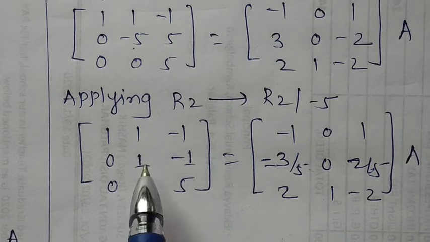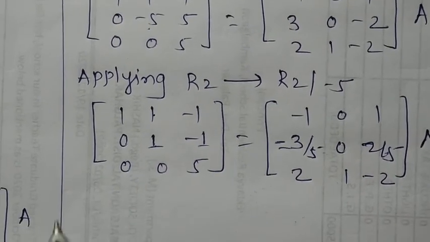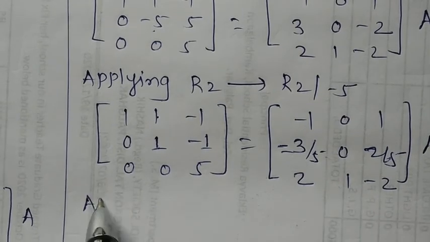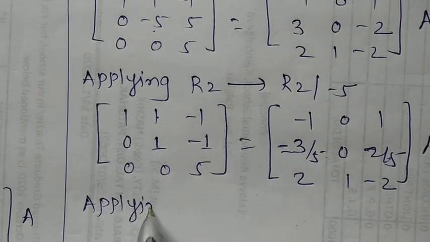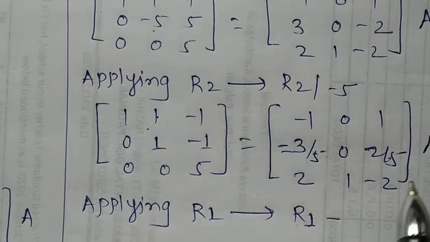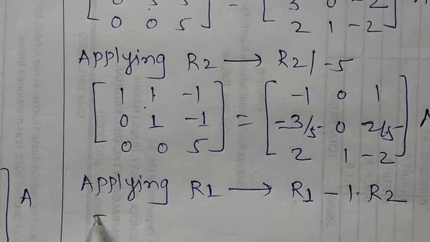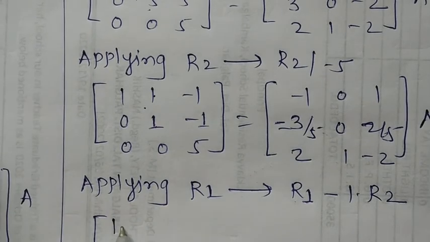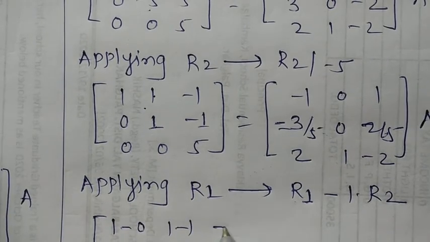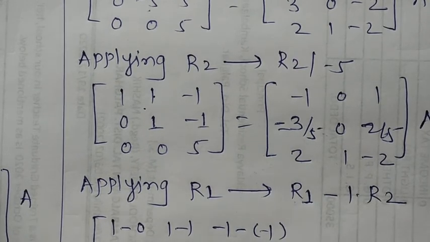Now we will do step 4, that is, convert this one into 0, by applying R1 minus 1 times R2. Then it equals 1 minus 0, 1 minus 1, minus 1 minus minus 1, then 0 1 minus 1 0 0 5.